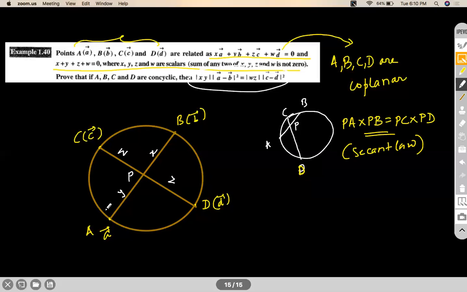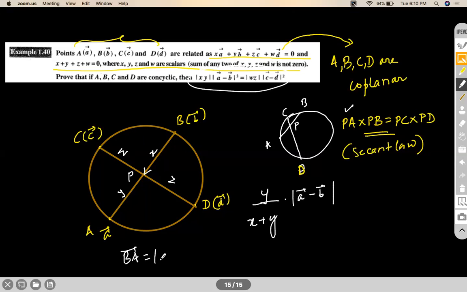Can I say PA will be y by x plus y times AB or BA, whatever you want to call it. So can I say this is your PA? See, whole vector is what? Whole vector, let's say I take the BA vector. What is BA vector?